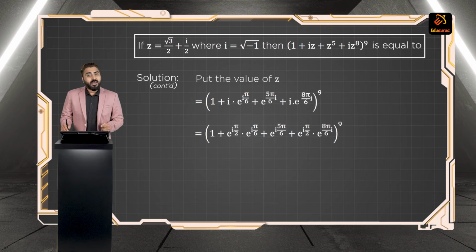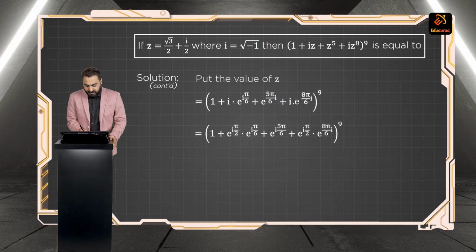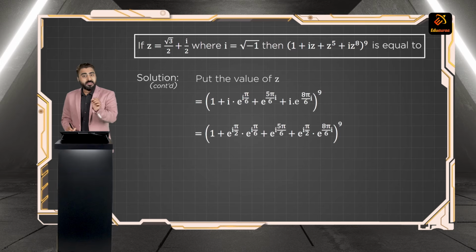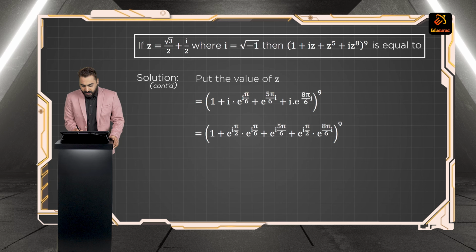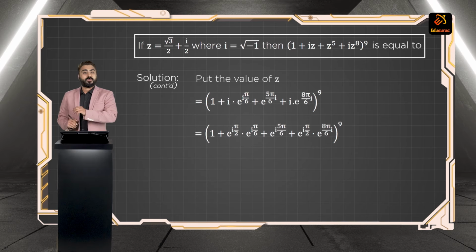So the next step, we will write this as 1 plus e raised to i pi by 2 into e raised to i pi by 6 plus e raised to i 5 pi by 6 plus e raised to i pi by 2 into e raised to 8 pi by 6 i, whole raised to 9. So let's use our basics. What basics? Laws of indices.